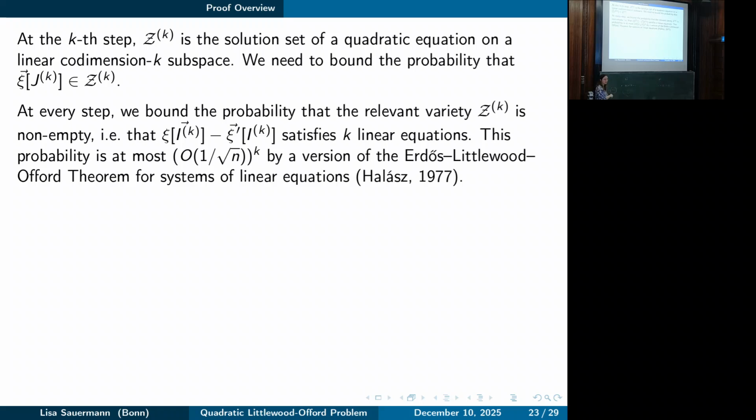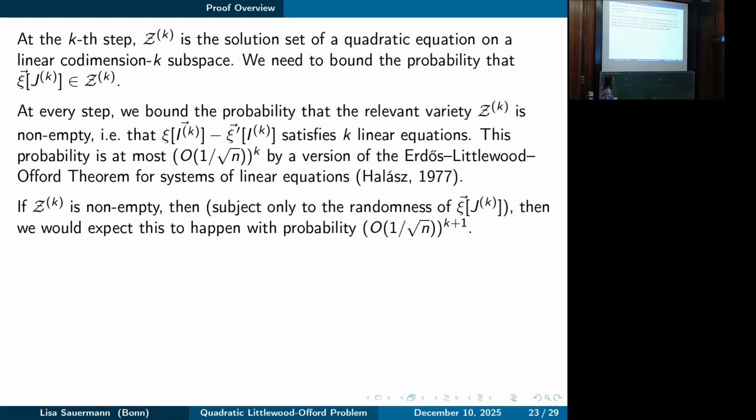That's not simply the Littlewood-Offord theorem, but a version of it for systems of linear equations. Such a version has been known for a long time, since Halász in 1977, and you can apply it to bound the probability that the relevant translates coincide, and so you get a non-empty intersection.